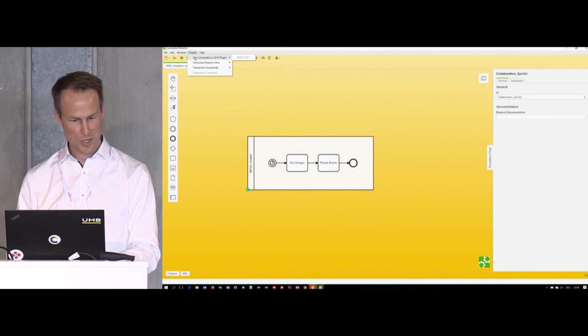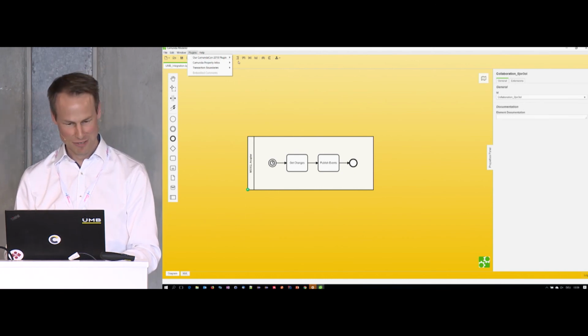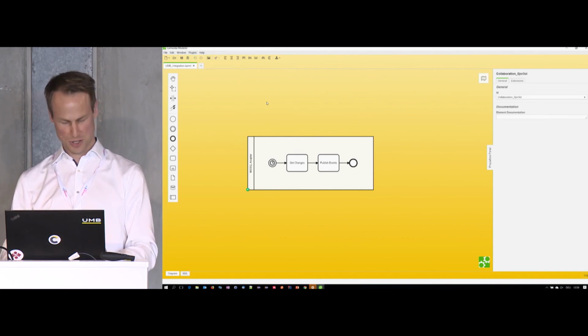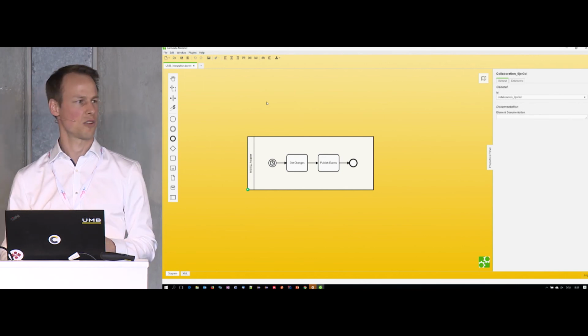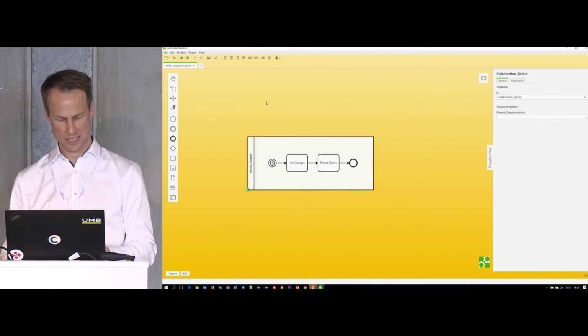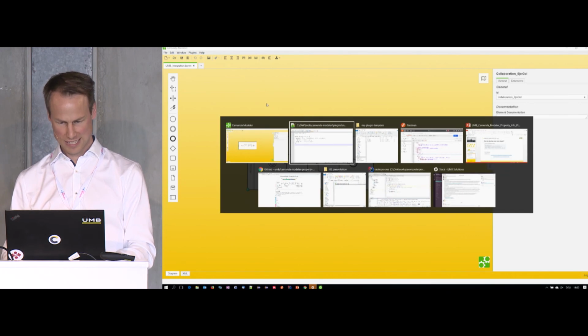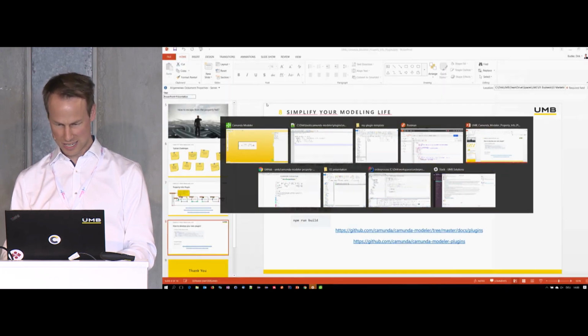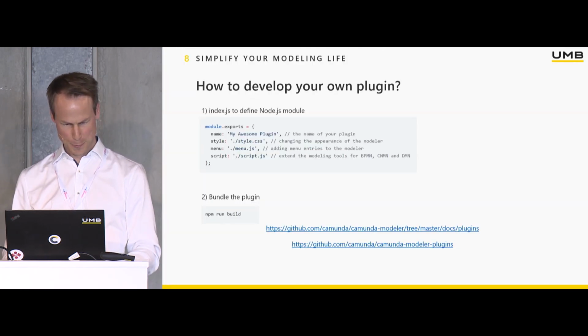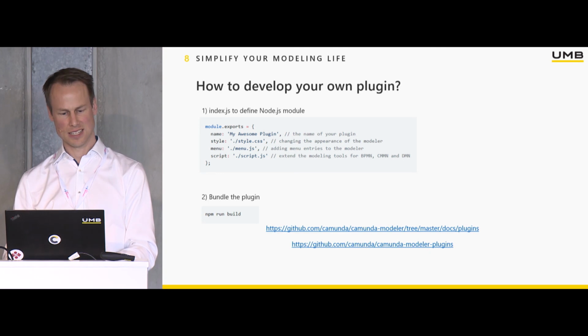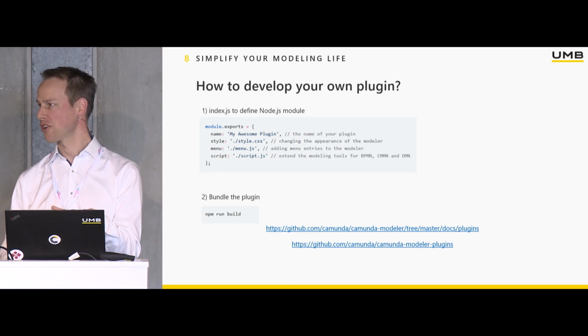And here we see our CamundaCon 2018 plugin, and we have an entry. Of course, you can also go one step further and integrate bpmn-js, and the DMN. No, DMN is not supported yet, but the bpmn-js. And then it gets a bit more advanced. Basically what you need to do then is provide a script.js file, and there's also a template in the repository showing how to do that.